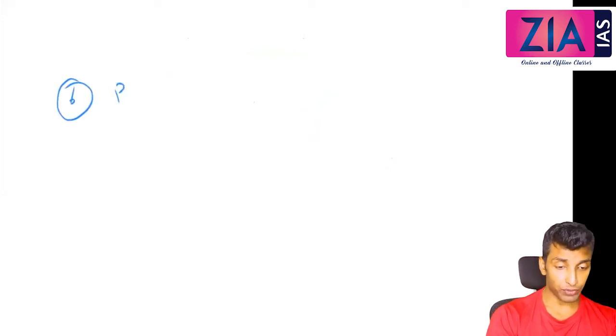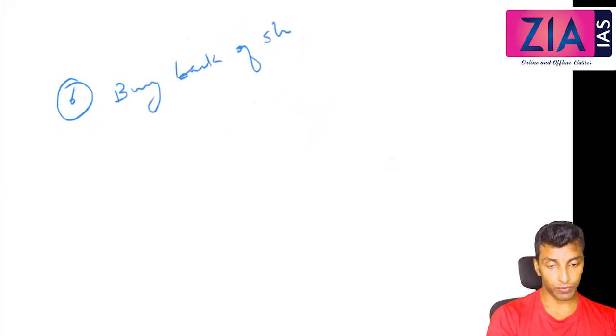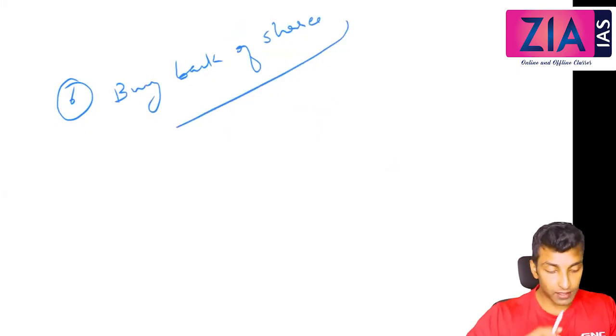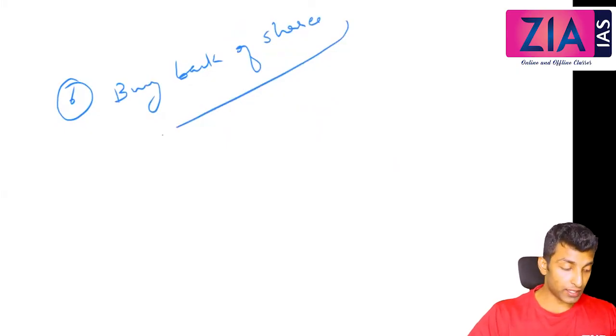Okay, sixth one, buyback of shares. Under this, a company purchases its own shares from the investors or shareholders.